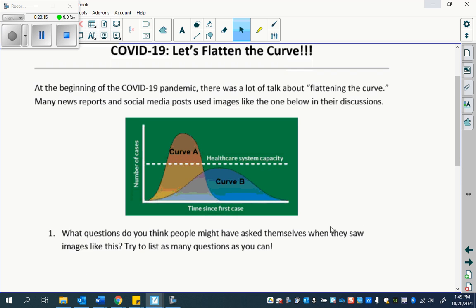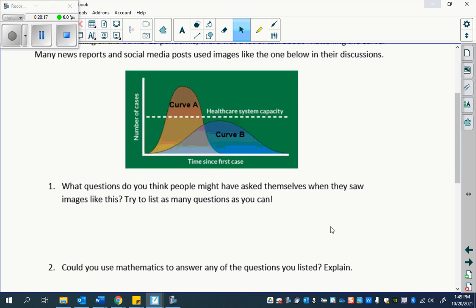So, what questions do you think people might have asked themselves when they saw images like this? When we grade these projects, we are looking for, and I love this word, robust answers. Robust answers are ones that don't just say yes or no. These are answers that tell me why, and I think, and because.